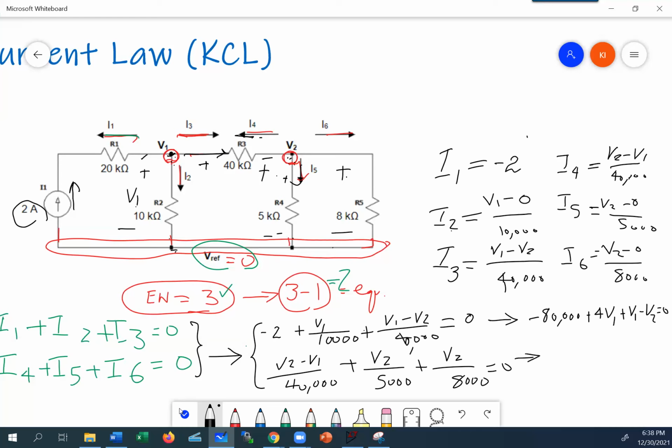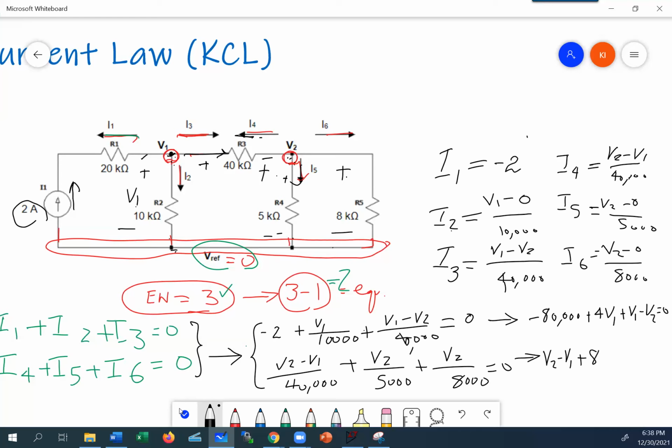This one, the common denominator is once again 40,000. So it will be V2 minus V1 plus 8 times 5,000, right? 40,000 was the common denominator. We multiplied both sides by 40,000.